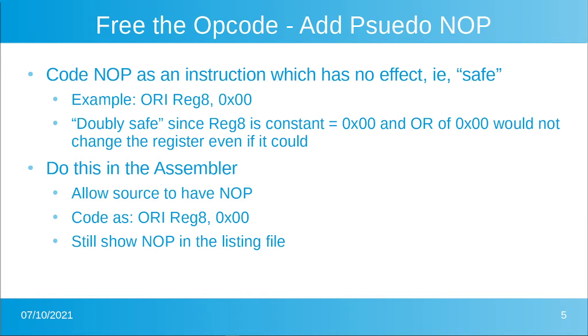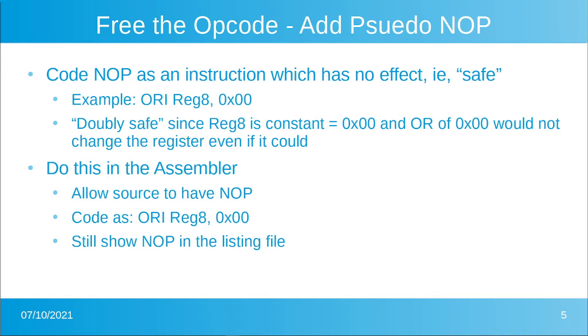So this could be done in the assembler, and that would allow the source code itself to have a NoOp. That's why we're calling it a PseudoNoOp, but it would be translated by the assembler in the MIF file as an OR register 8 with 0.